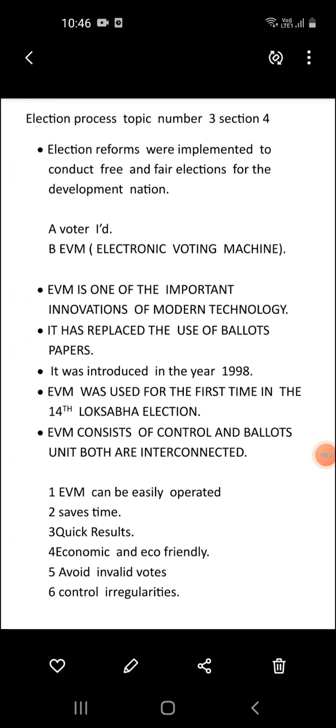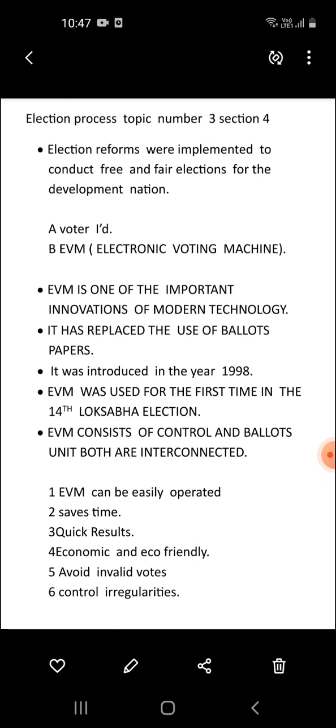Good morning, everyone. In today's class, we are going to study topic number 3, section 4, the election reforms. As you all know, in the previous class, we have already studied what election reforms are, why they are important, and how they are helpful to build a better nation.